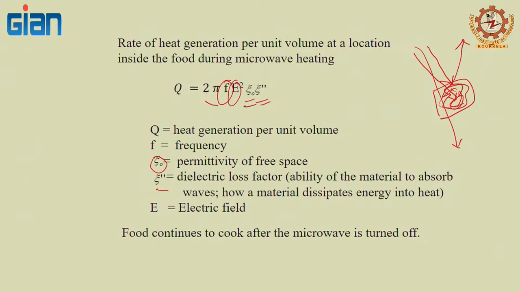The same way, food materials either reflect the microwave, or some packaging material may reflect the microwave, or some food materials could absorb the microwave, or some materials may just transmit the microwave. So, there are different properties. That is what we call dielectric loss factor.